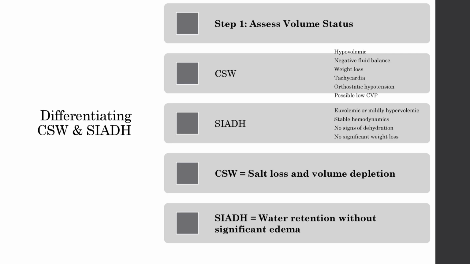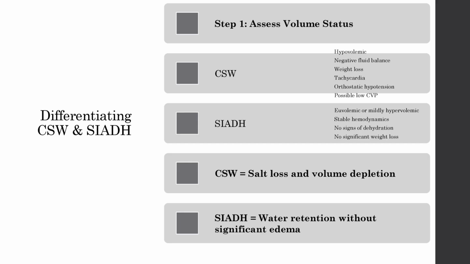Both CSW and SIADH produce hyponatremia, low serum osmolality, high urine sodium, concentrated urine, and low serum uric acid in the setting of neurological illnesses. Then how to differentiate? The major difference lies in the patient's volume status. Step 1. Assess volume status. Cerebral salt wasting.